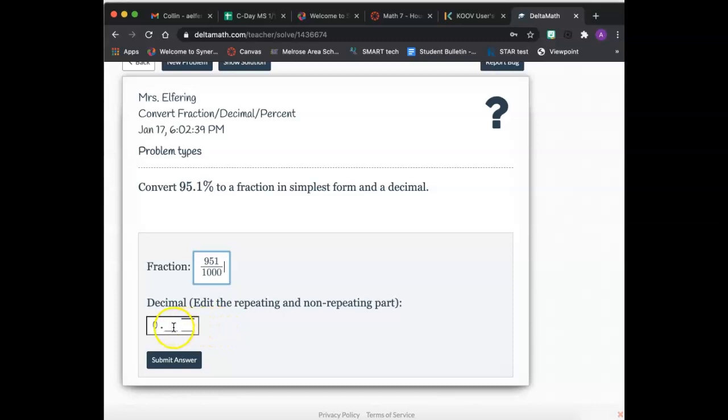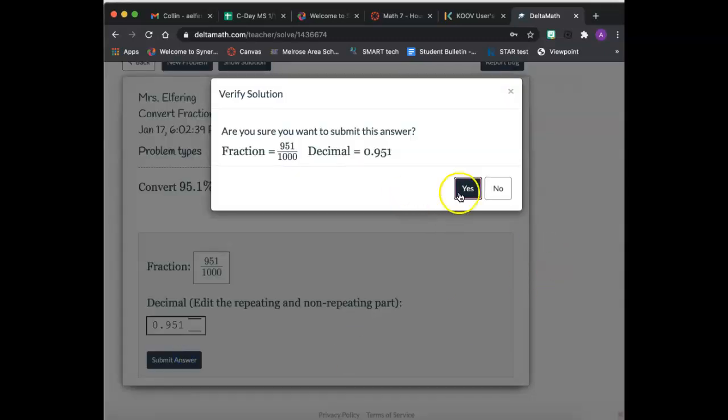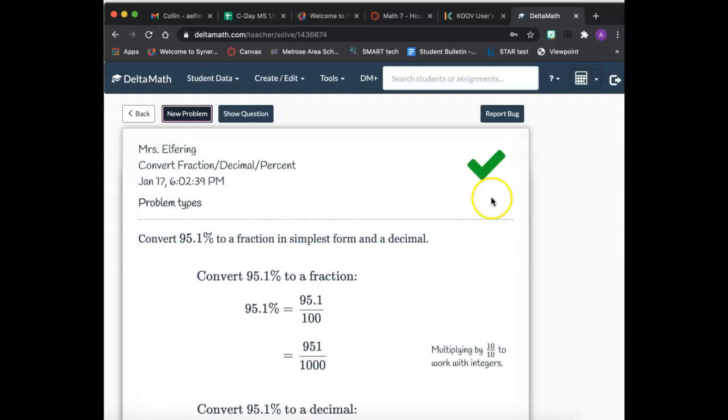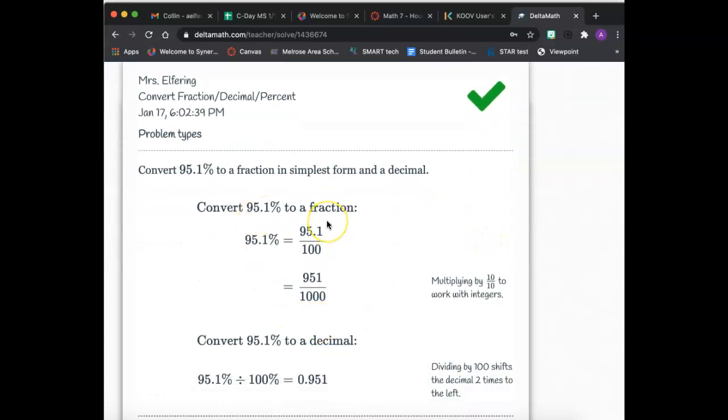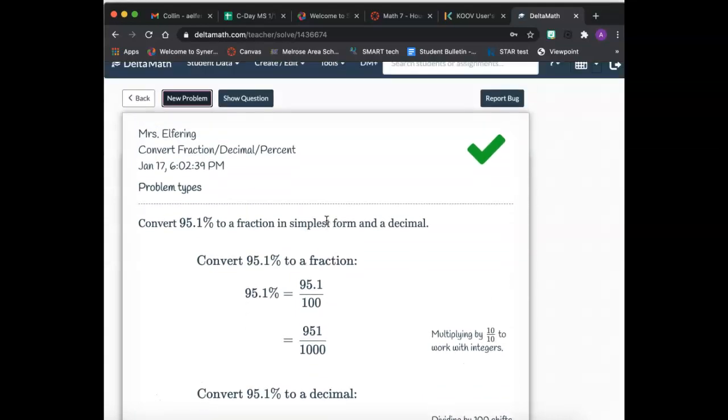As a decimal, okay, we move our decimal 2 places to the left, which is 0.951, and submit your answer. Okay, and again, if you get stuck, it does tell you exactly how to do the problem.